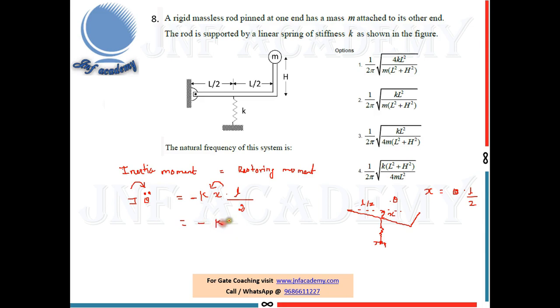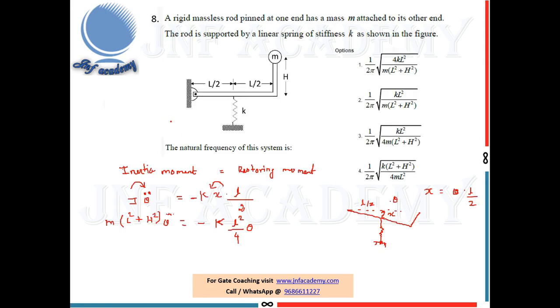Minus K, instead of x, I can replace theta into L by 2, and already one L by 2 is there, so L square by 4 into theta. Here I theta double dot is there. I is the polar moment of inertia or mass moment of inertia. So mass moment of inertia for this attached mass is m into L square plus h square, into theta double dot.